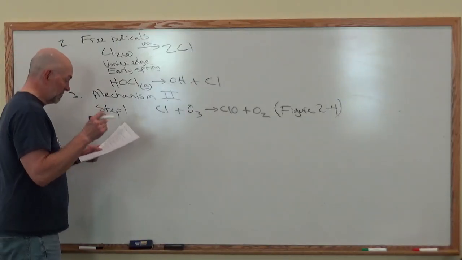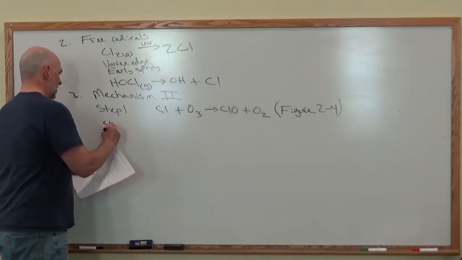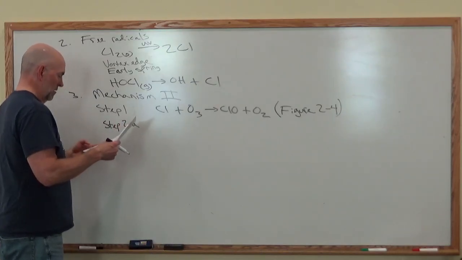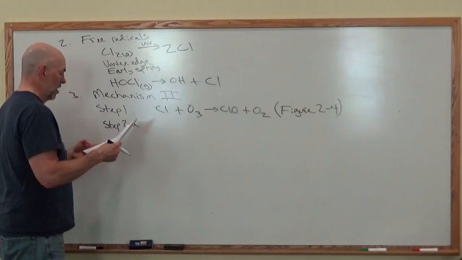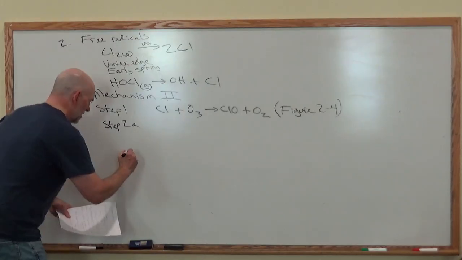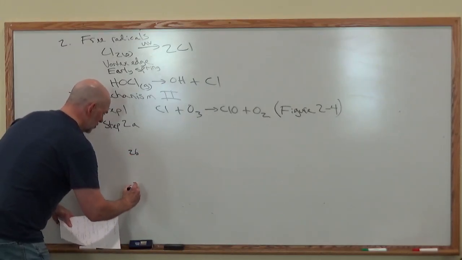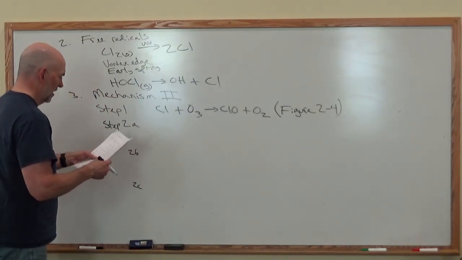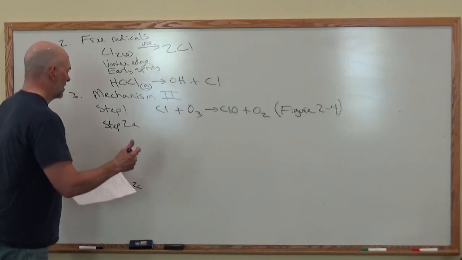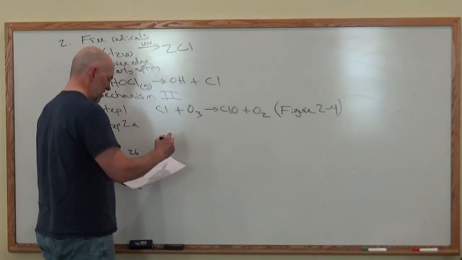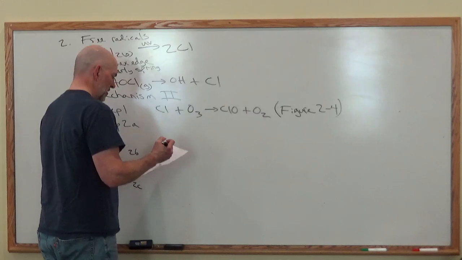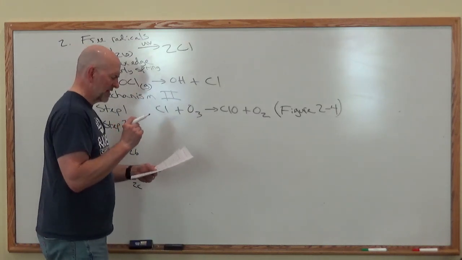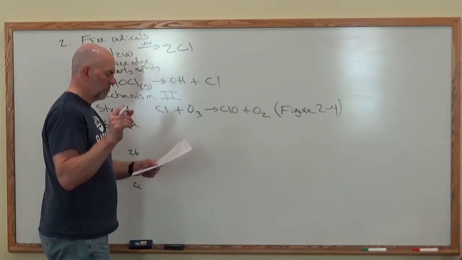Now in this particular example, step 2 has 3 components to it. There's 2A, 2B, 2C. Again, we're not expecting this to be obvious how this works. So what happens is, with the next thing, you produce the ClO radical, chloroxy, I'm not sure what that's actually called.